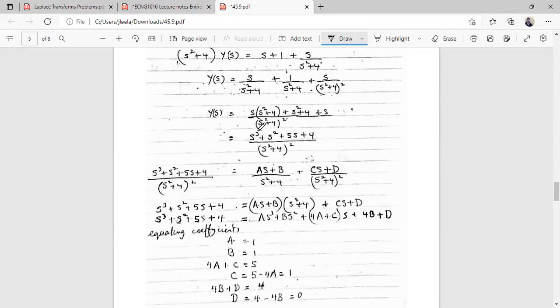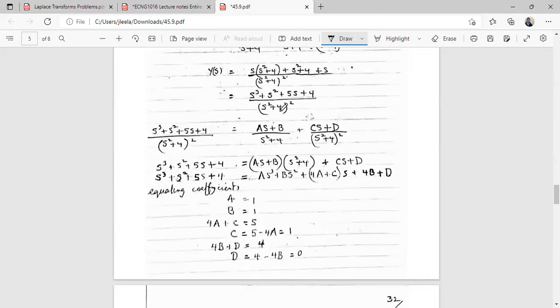So we end up here with s cubed plus 4s plus s squared plus 4 plus s. So you get s cubed plus s squared plus 5s plus 4, because the 4s and the 1s give you 5s, and then you add the 4 to it, all over (s squared plus 4) squared.